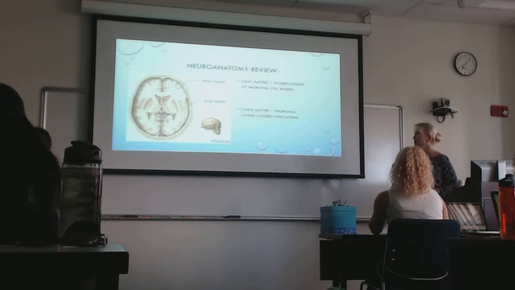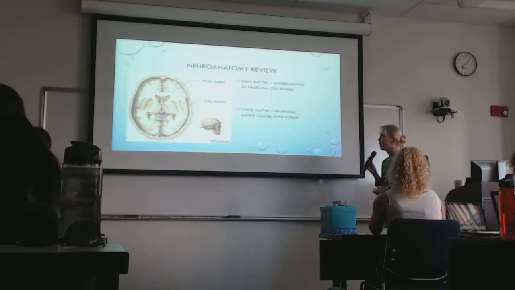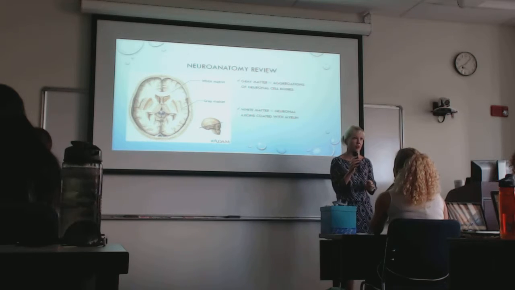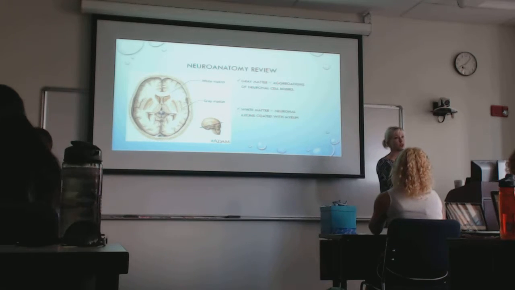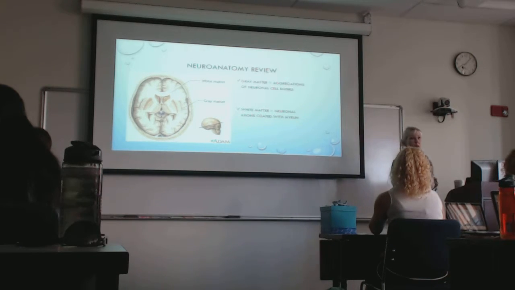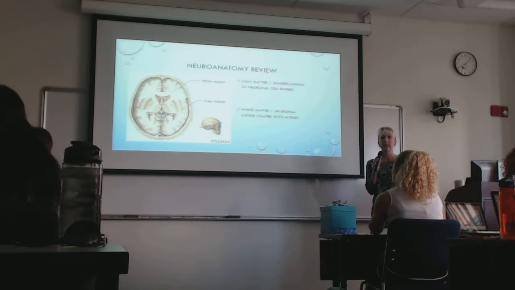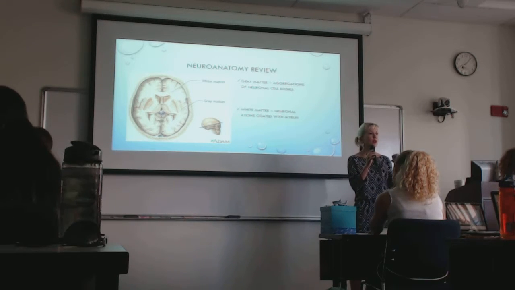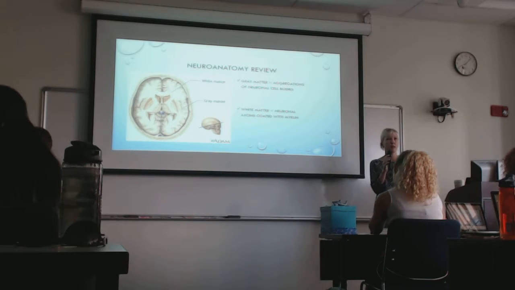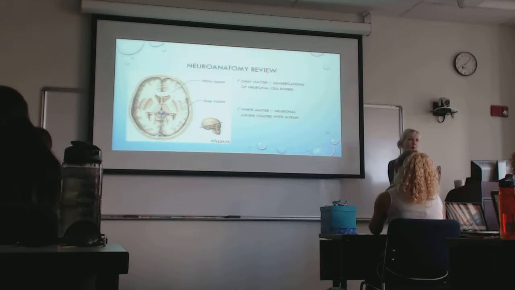When we talk about neuroanatomy in terms of white matter or gray matter, very important especially for the brain, but also for the spinal cord, because we've got white matter and gray matter in both. When we talk about white matter, we're talking about essentially myelin coated nerves, right? So think of basically nerves that are kind of wrapped up in bubble wrap.